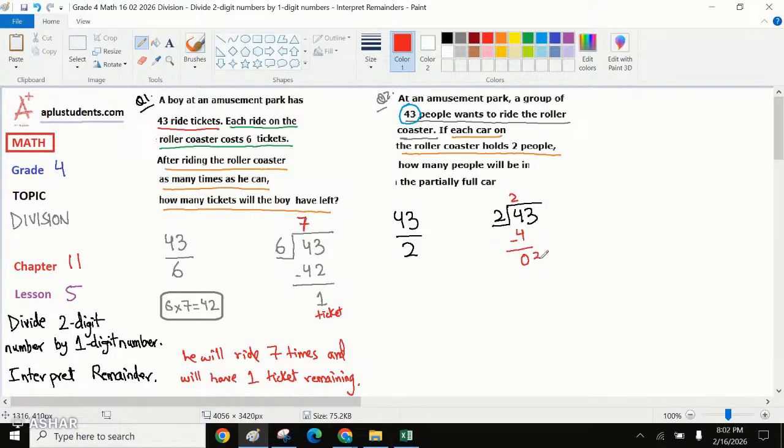We bring down the 3. 2 times 1 is 2. Agreed? And we are left with one person at the end. So they're asking how many people will be in the partially full car. One person will sit alone. Agreed?